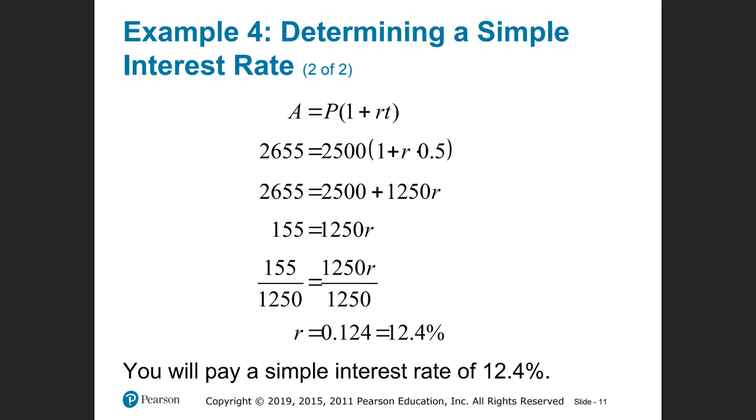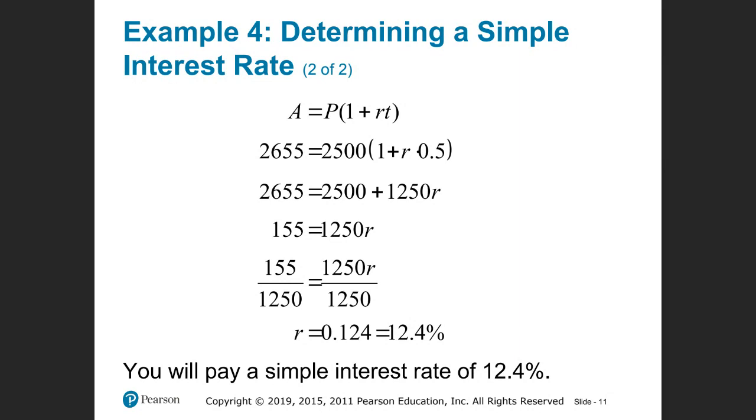We cannot combine the 1 and the plus R times 0.5, or 1 plus 0.5R. Instead, we're going to multiply the 2,500 times each separate term inside the parentheses. So 2,500 times 1 is 2,500. 2,500 times 0.5R is 1,250R.